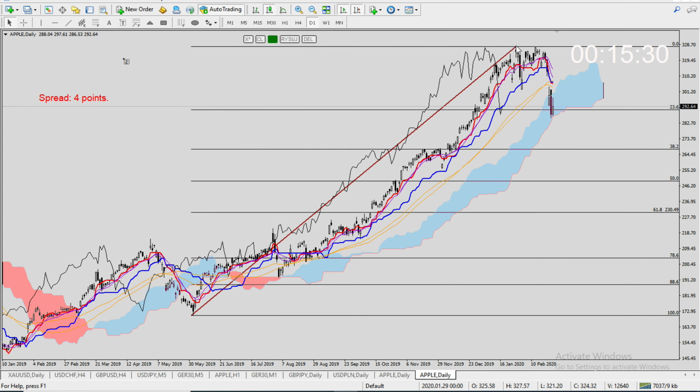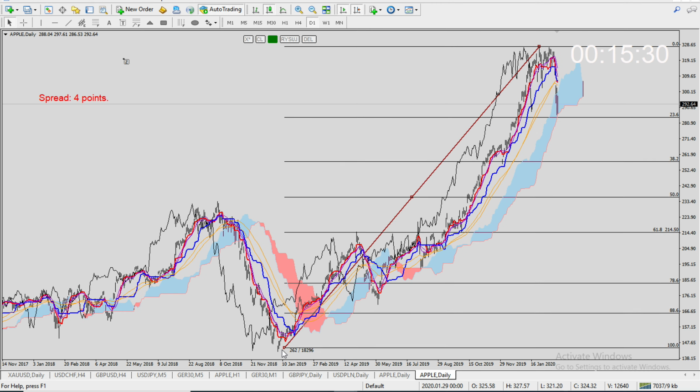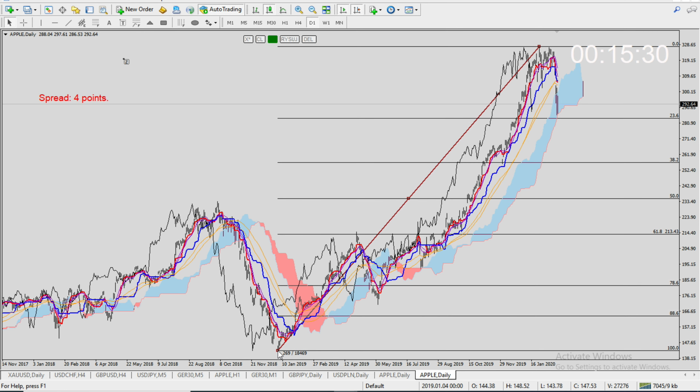So if we measure this wave, sorry, the whole one, that's not the bottom I was talking about. Here we are, and I believe we need some fresh start.